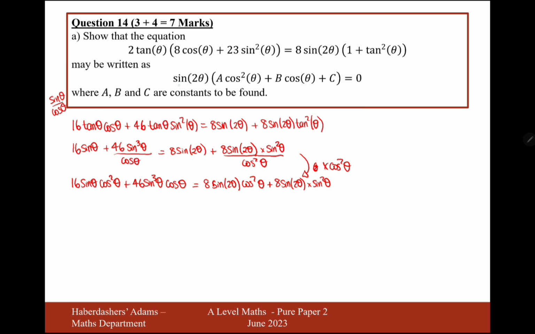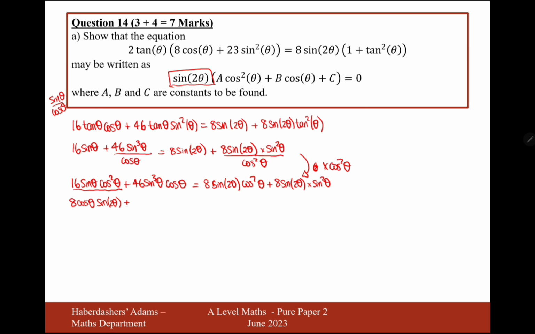Okay, so I need to now try and make as many sine 2 thetas as I can. Every term in our equation should have sine 2 theta in it, and everything else should be in terms of cos. So in the first expression here, I'm going to take out 2 from the 16 sine theta cos theta to leave me with 8. I'll have one of these coses left over, and then I'll have a sine 2 theta from 2 sine theta cos theta.